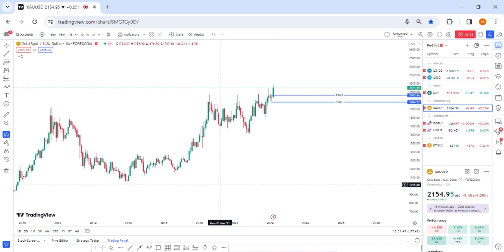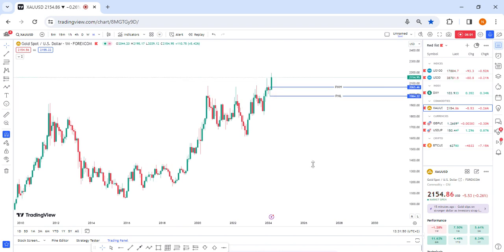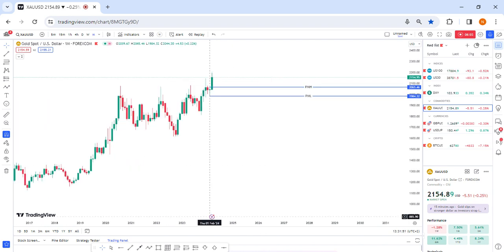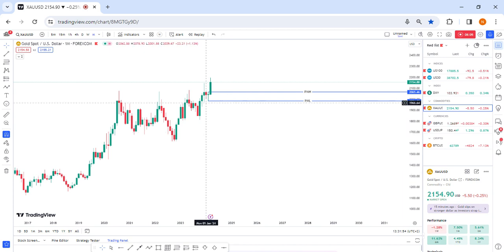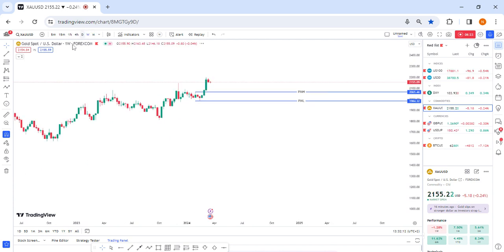As you can see, starting on our monthly time frame, price pretty much broke out of this previous monthly high. So just bullish. It's been bullish since we've entered this month. Strong indication that we could be seeing price continue buying for some time in the long term.